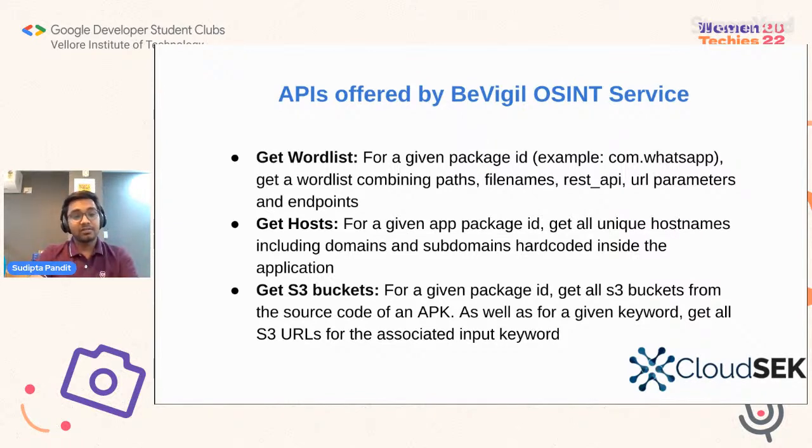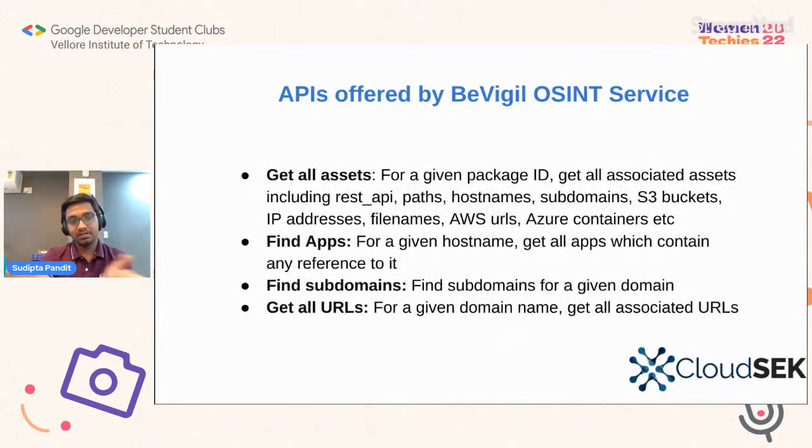There's another API to give you all the host names you found in the app. So it will include all the domains and subdomains you found. The S3 buckets endpoint will give you all the S3 buckets. Get all assets will give you all the assets. Find apps is basically like all the other APIs I talked about, which take a package name and give you some data for that package name.